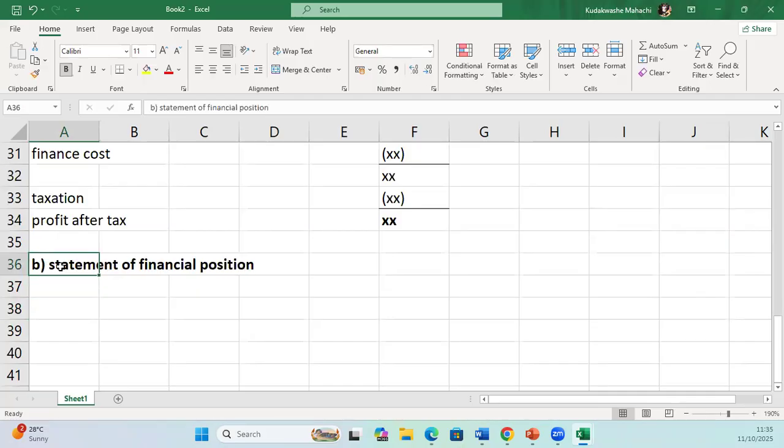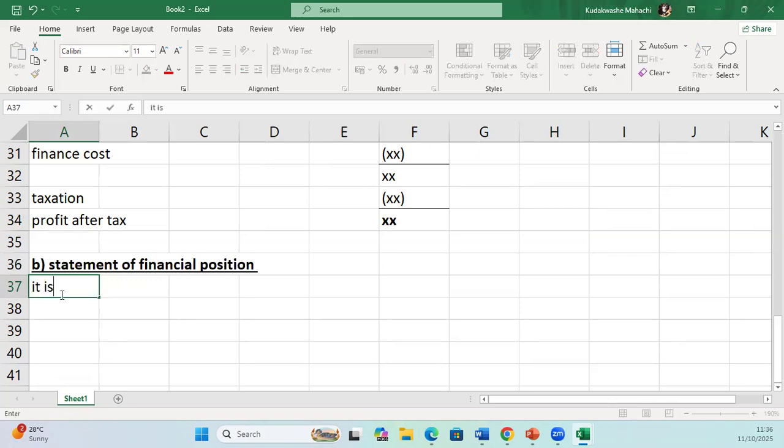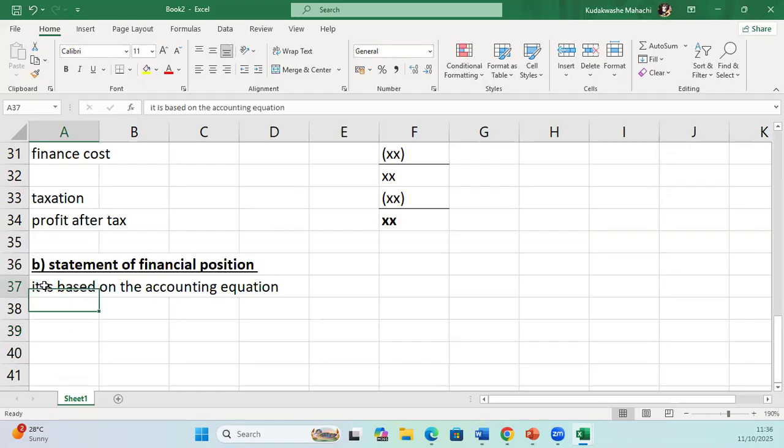So we want to trace the assets and liabilities that we have.